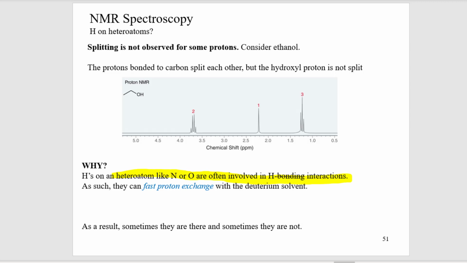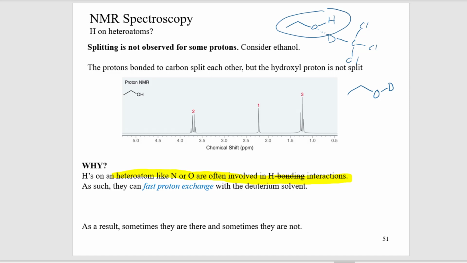So what happens is that you can get something called fast proton exchange. The oxygen is attracted to the deuterium of your solvent. And what would happen if they exchanged and it became OD instead of OH? Remember what I just said, deuterium is invisible to the instrument if it's probed to hydrogen. So if it exchanges quickly, it's like it doesn't exist there.